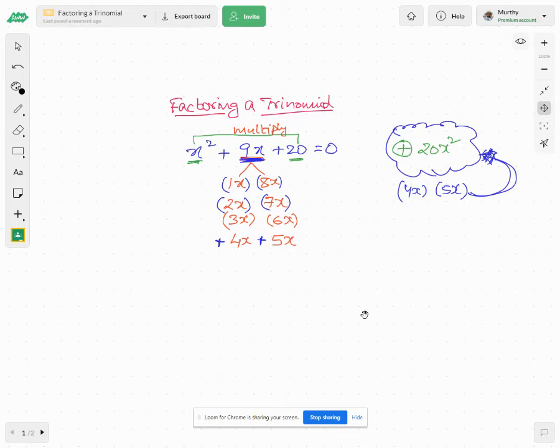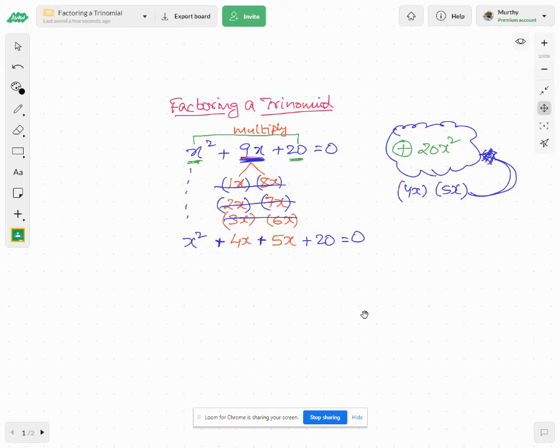Now, I split my middle term. Let me carry the other values, the extremes, which are the first term and the last term. Observe that in the beginning I had 3 terms, and now I have 4 terms. Have you noticed that I split the middle term in such a way that the sum is equal to the middle term and the product is equal to the product of the extremes?